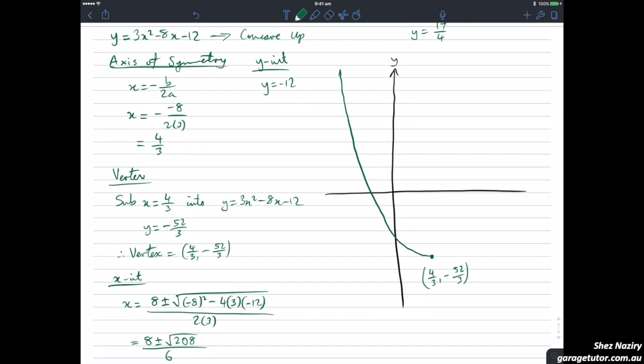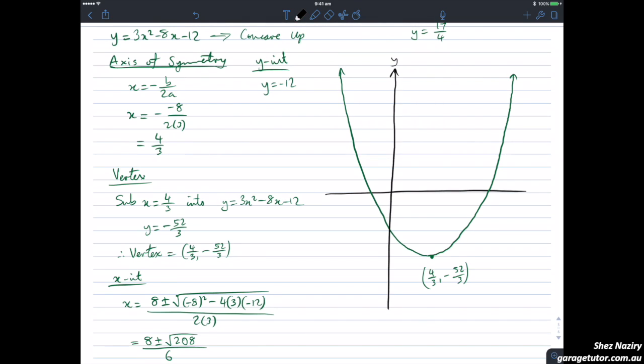And then we've got the x-intercepts. There we go. My line's a bit wonky. I have to fix it.